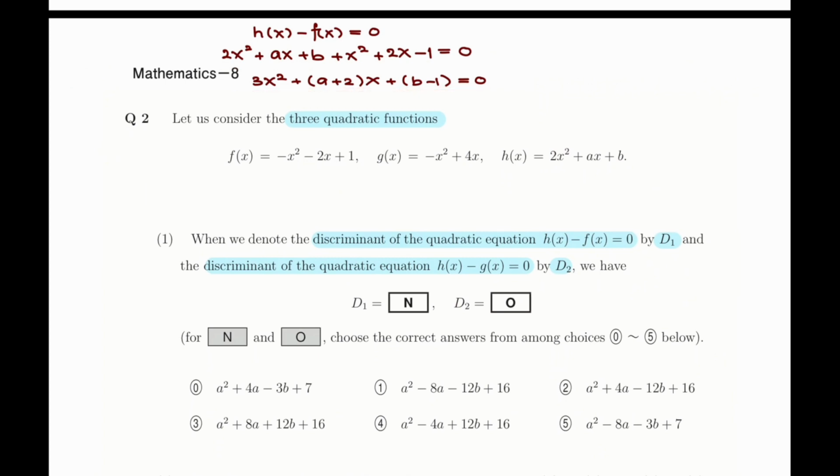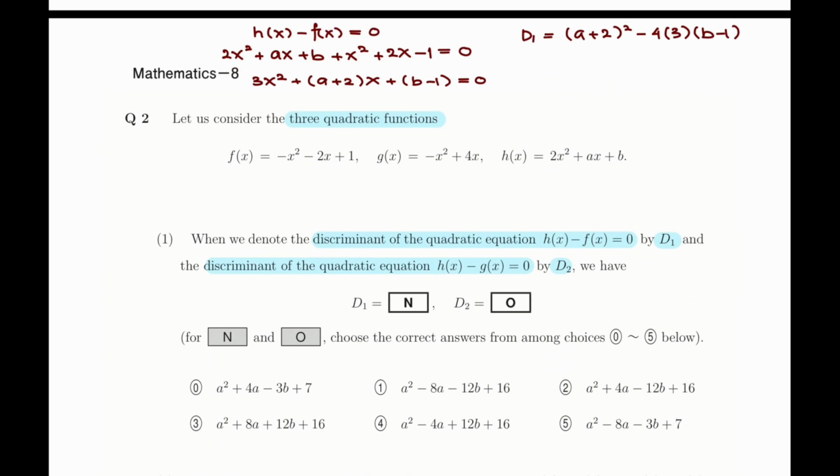Once you get the equation like this, we can find the discriminant. Remember, the formula of the discriminant is b squared minus 4ac. b is the coefficient of x, a is the coefficient of x squared, while c is the constant term here. So d1 equals b squared minus 4 times a times c.